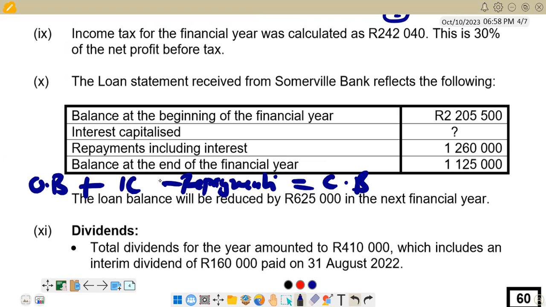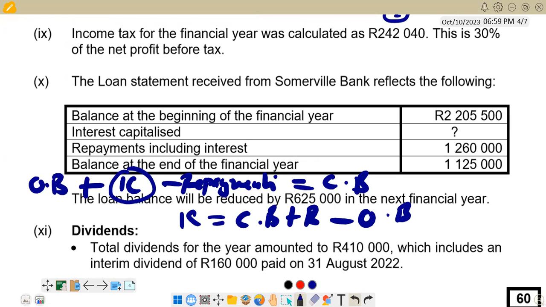So it's a matter of making interest capitalized the subject of the formula, so that we get the figure for interest. This one comes here, changes sign, becoming positive. This one comes here, becomes negative. So we're going to say closing balance, we add repayments, and then we subtract opening balance. Basically, that's what we are going to do to find that figure.